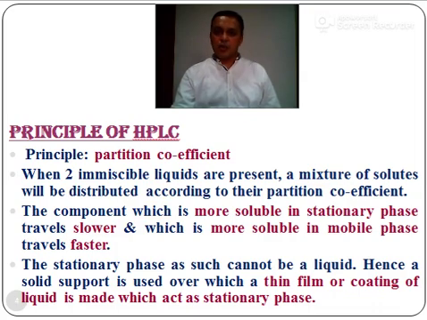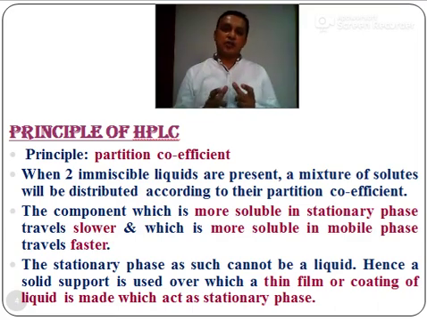The other liquid is the stationary phase, that is the column which is used. As the compounds of the mixture pass between these two liquids, on the basis of their solubility towards the mobile phase, the compounds which are more soluble in the mobile phase are separated out first. The compounds which are less soluble in the mobile phase remain in the stationary phase. On the basis of partition coefficient, they are separated out.